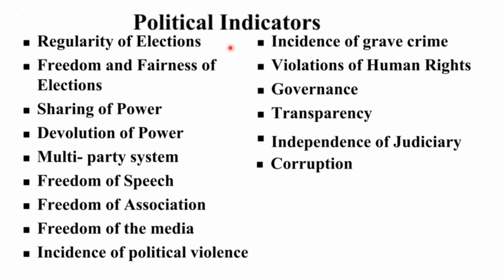Now, do you think they will provide it if we violate so many human rights? No. That's why they are requesting you to have proper human rights and proper transparency. Now, corruption, all these things will give you a political indication of whether the country is in a worse situation or a better situation.